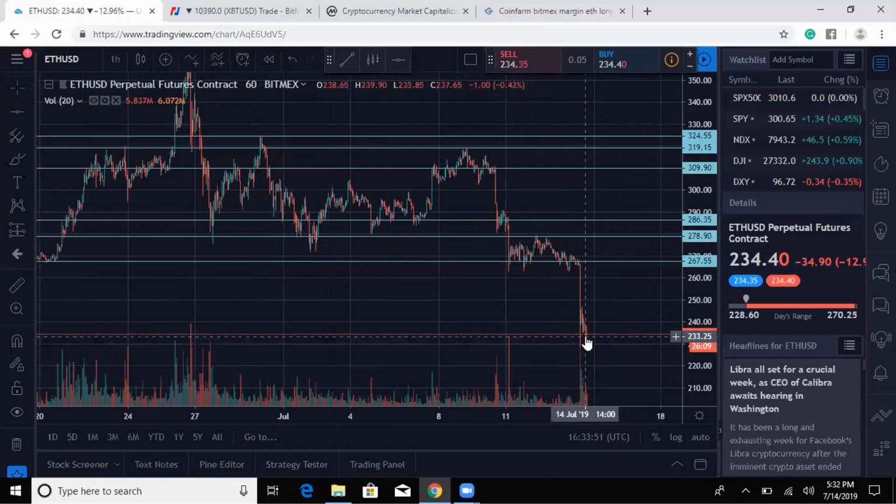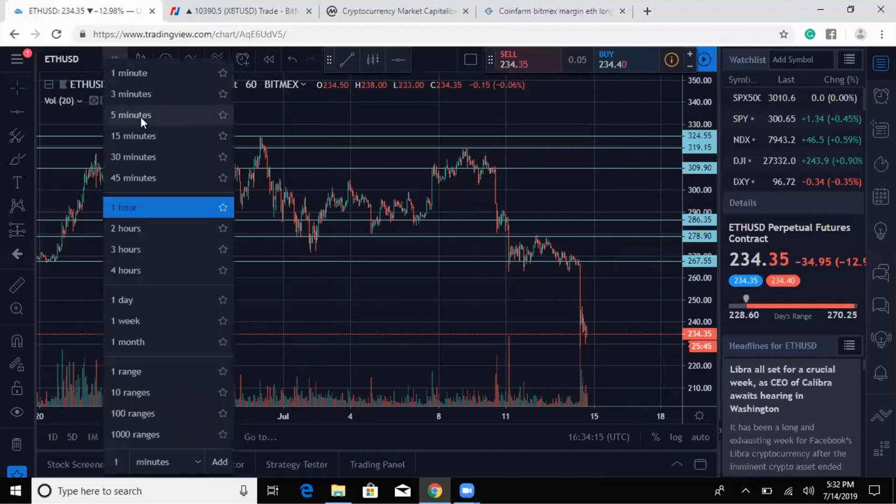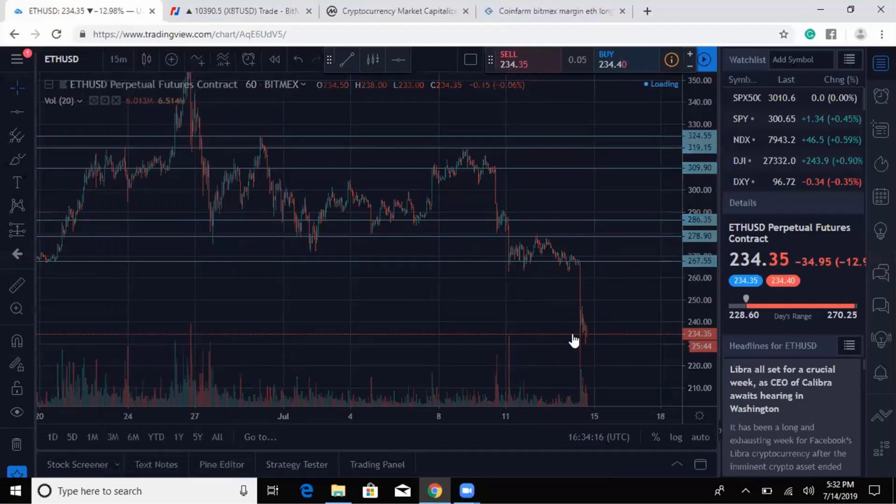So even if in the 15 minutes it looks like the price is going up, the 1 hour, the higher time frame, tells you it's not so safe to get in because the market is still bearish. What this 1 hour has just helped me to do is figure out that it will be dangerous to get in right now, even if some green candlesticks appear in the 15 minutes.